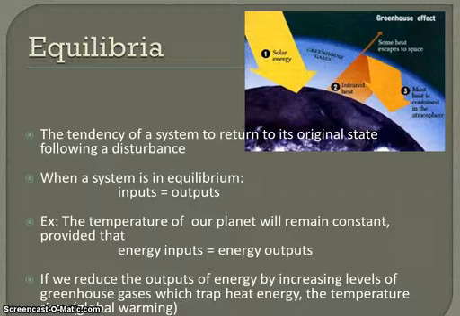UV radiation can enter Earth's atmosphere, go right through the greenhouse gases, and is absorbed by Earth's surface, but it's re-radiated as infrared, and infrared is what the greenhouse gases trap. So as we add carbon dioxide, methane, and other greenhouse gases, we are trapping some of that heat. And so what's happening is we're moving away from that equilibria and our temperature is rising.